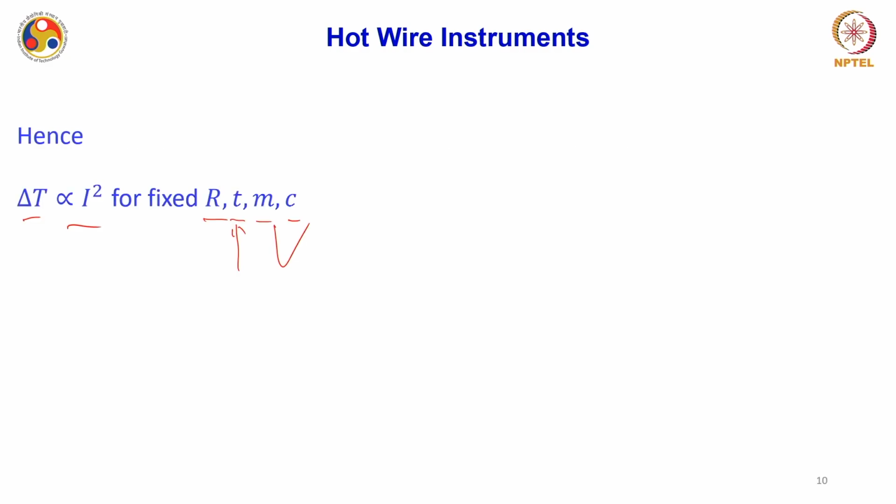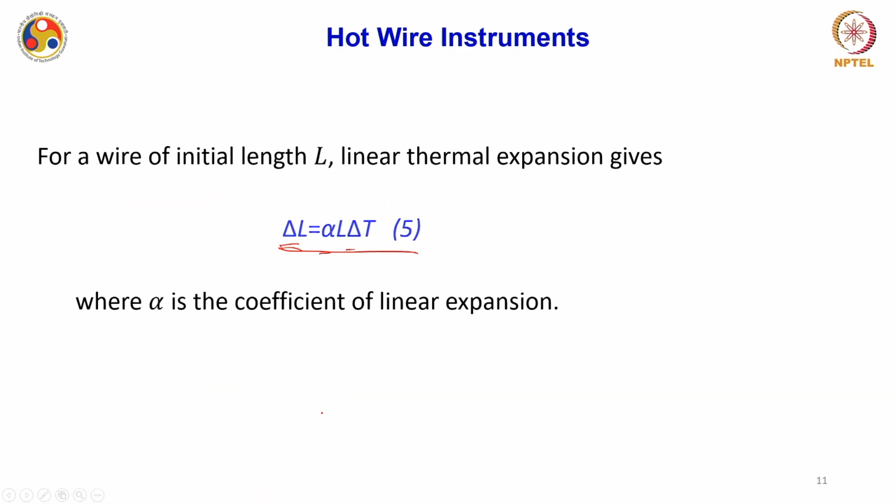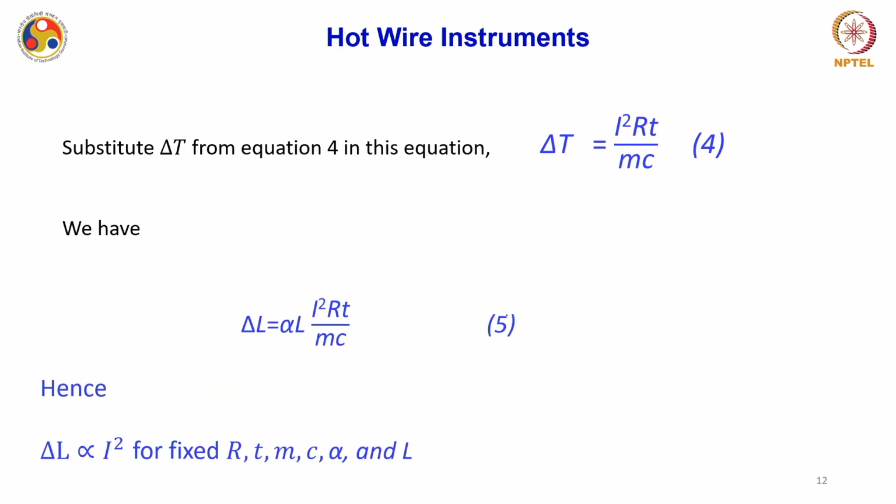Equation 4 has given me this delta T value as I square RT by mc, all right? So if I substitute it, equation 6 will be delta L equal to alpha L into delta T, and delta T from equation 4 was I square RT by mc. So delta L can be given as alpha L into I square RT by mc, okay?